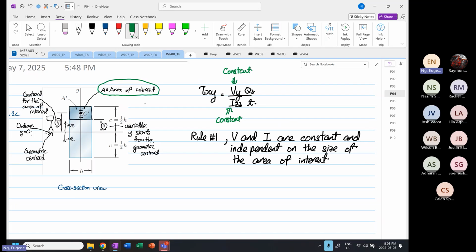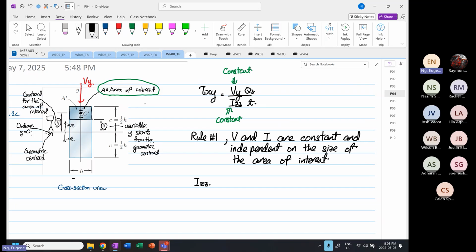If the area of interest grows bigger, still the same. Vy is a constant, Izz is a constant. Now Vy is basically the shear force coming down in the vertical direction. Next, we are going to calculate Izz.